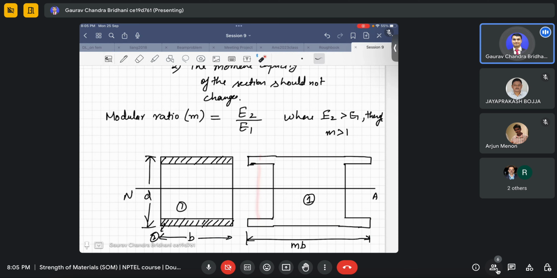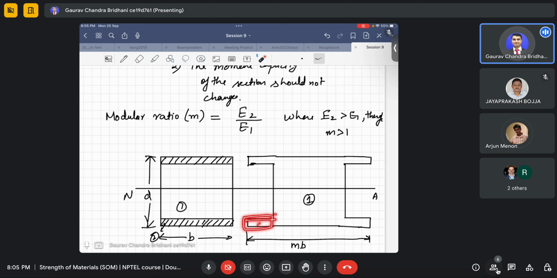And you know this much portion, this is total mb, this is b. So this will be what? mb minus b by 2, that is m minus 1 into b by 2.